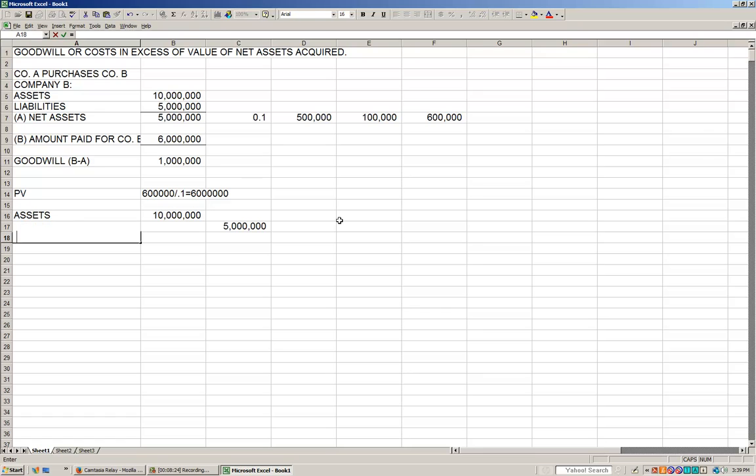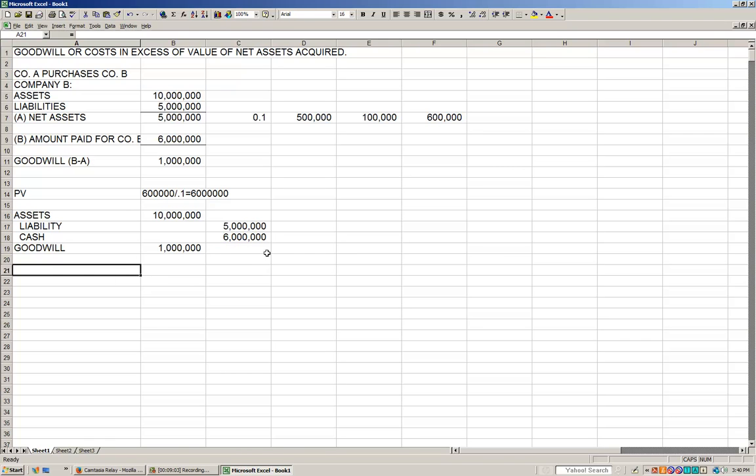It would credit cash for the $6 million it paid, sorry. Which leaves us with $10 million worth of debits, $11 million worth of credits, and to make this balance, we need another $1 million worth of debits, which of course is the goodwill account that we just created, debit to goodwill. Okay, so that's how the initial purchase is accounted for on Company A's books.